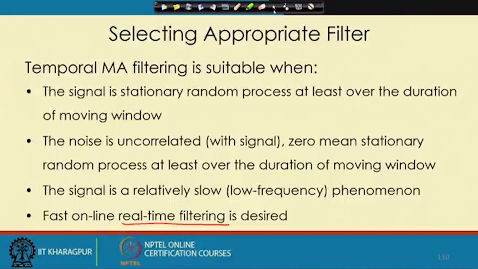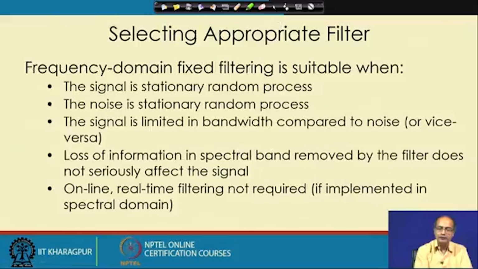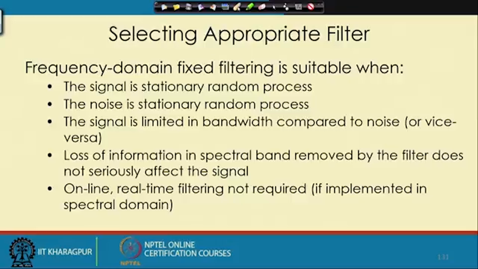So now we will look at the next technique, that is the frequency domain fixed filter. Now, we have seen that we can have the filter designed in the frequency domain, and we can apply it on the observed signal to remove the artifacts or the interfering noise.